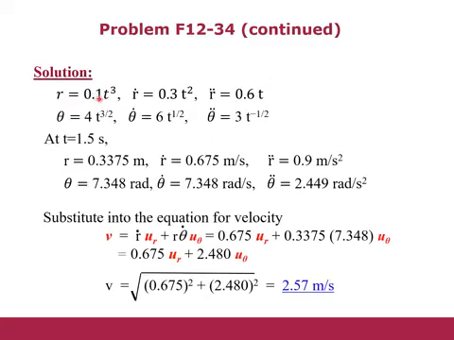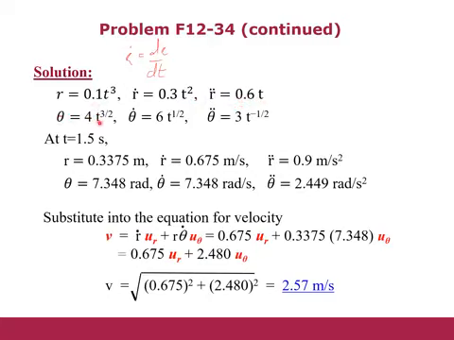You can see that we are provided with this r and this theta. We will calculate r dot and r double dot. How? You know that r dot is actually dr by dt, so when you differentiate it with respect to time, you will get 0.3 t squared, and after that 0.6 t.